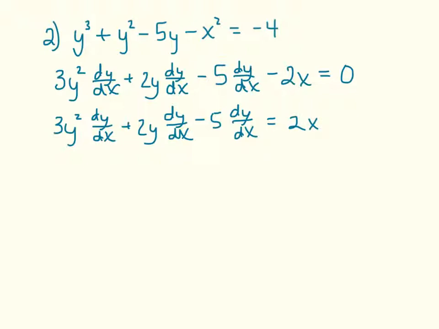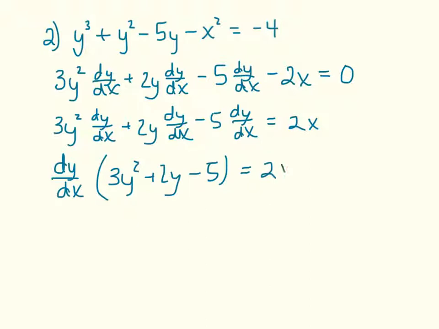Okay, our third step is to factor out. So you can see here we have a polynomial, and each of these terms contains a dy/dx. And so we're going to be able to go ahead and factor out the dy/dx, and we're left with 3y squared plus 2y minus 5 equals 2x. Last step is to isolate the dy/dx by dividing this whole thing over to the other side.